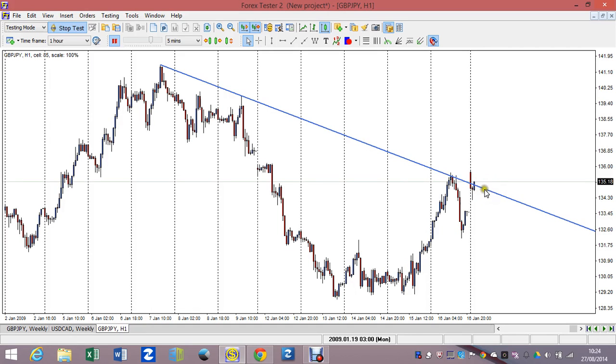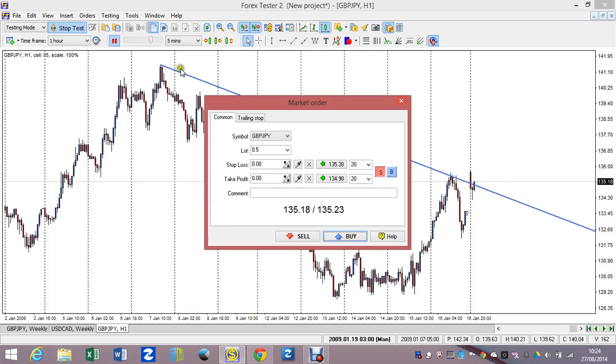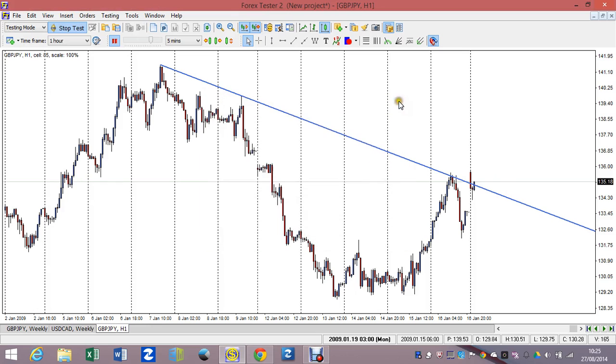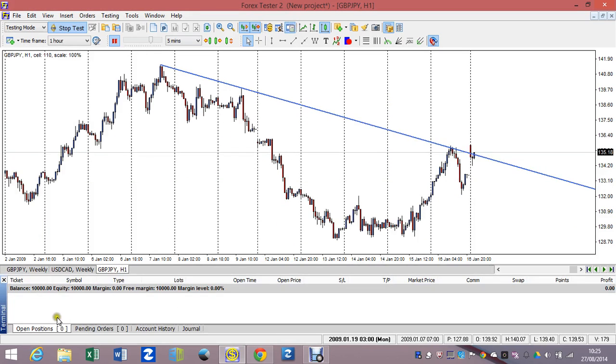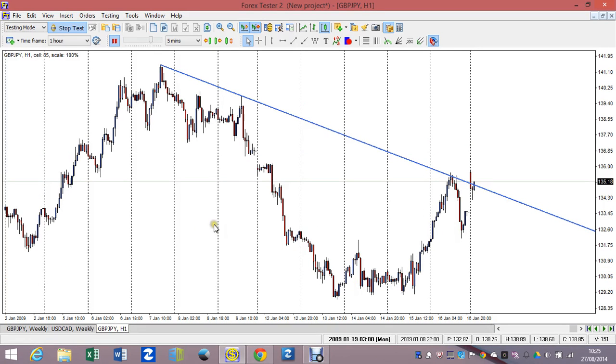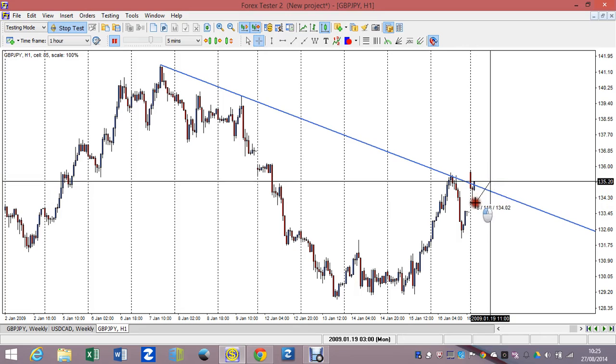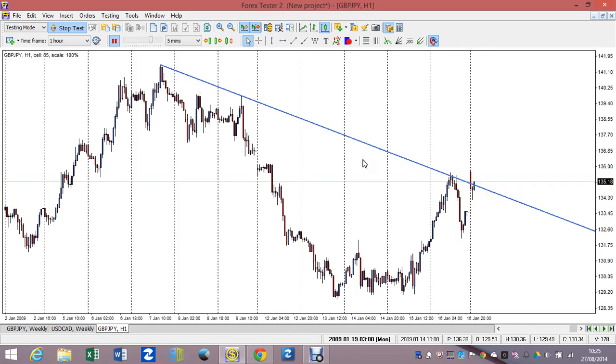Right, potential here for a trade to go long. I'm going to use half a lot for each of my trades today in this testing session. I've started with a balance of 10,000. So it takes too long to try and work out what 1% of my account is for each individual trade.